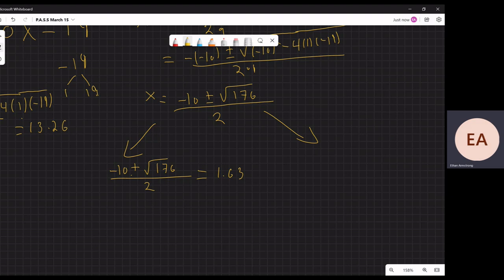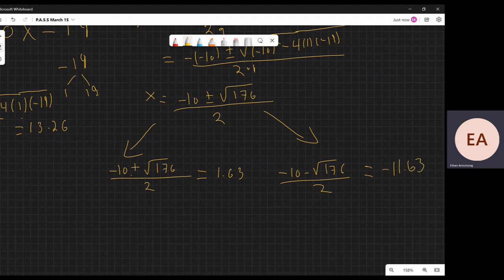Then we'll do it for minus. So we'll have -10 minus the square root of 176 over 2. That equals -11.63.